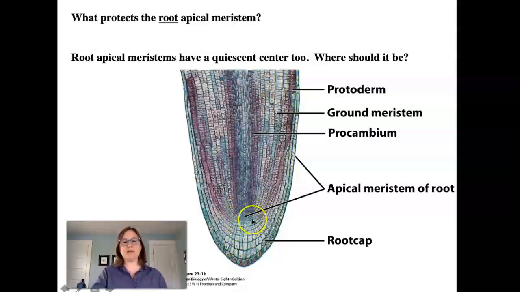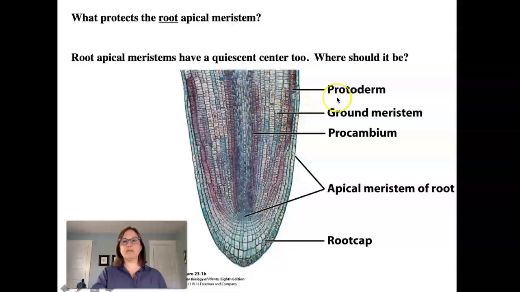So root apical meristems have this protective tissue around them. The apical meristem actually gives rise to those cells as well. But mostly the new cells that apical meristems produce in roots are above the root apical meristem here.